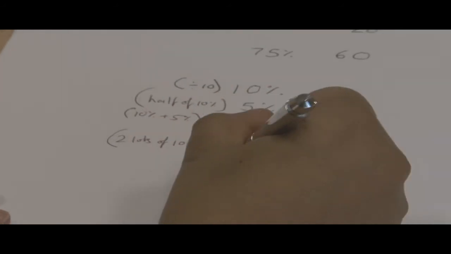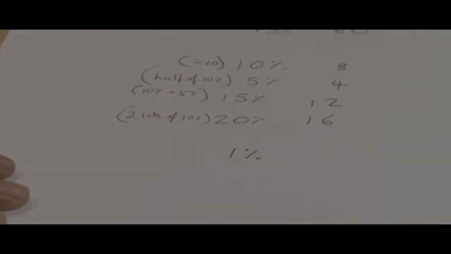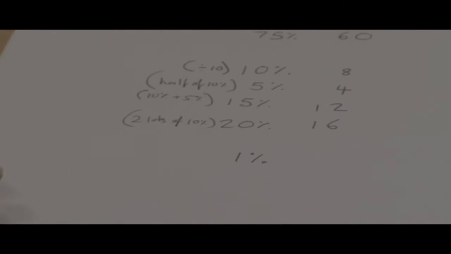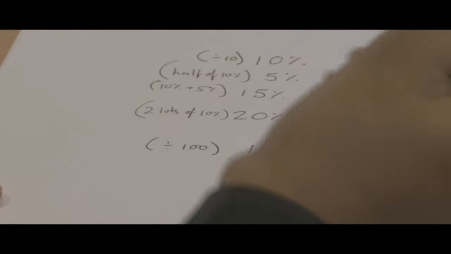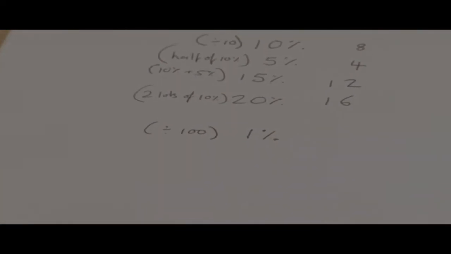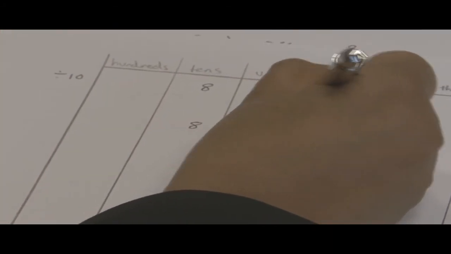Right, it's going to get a little bit trickier now. Finding 1% of an amount. If we want 1%, we divide by 100. Okay, coming back to our place value chart, I'm going to write 80 again. Remember, the decimal point doesn't move.